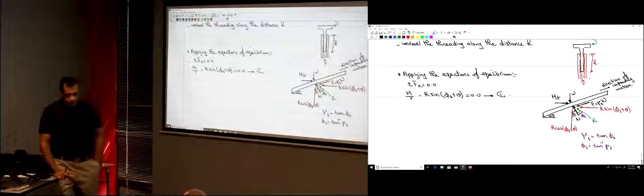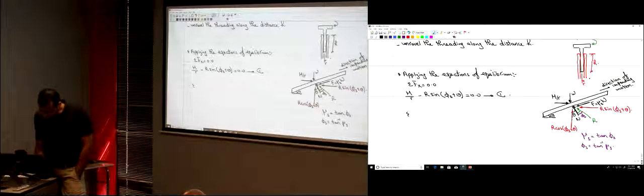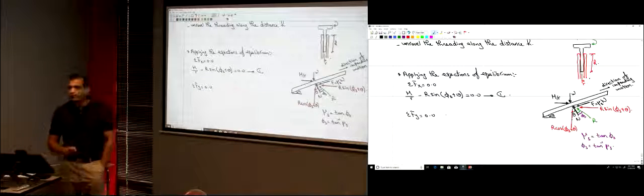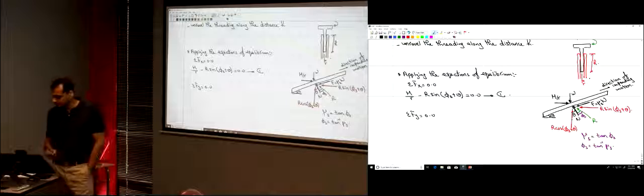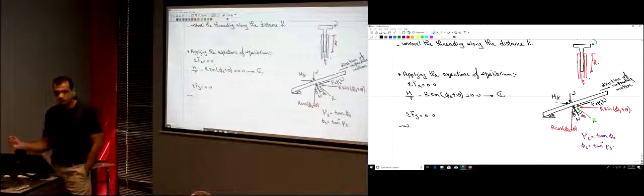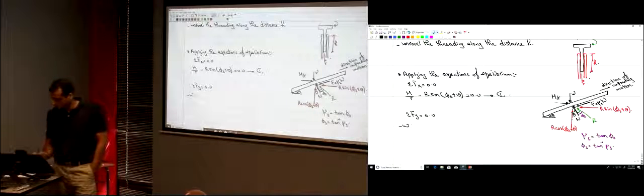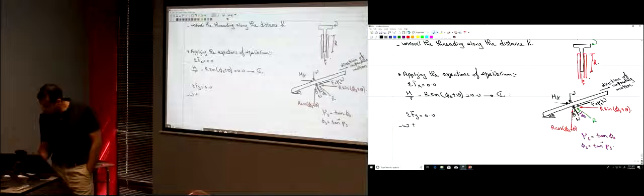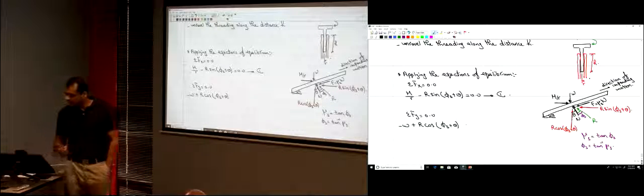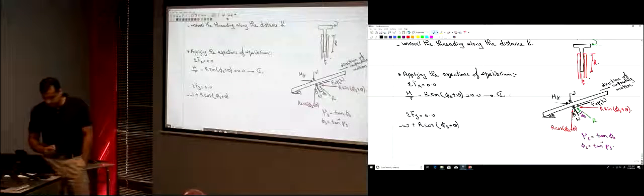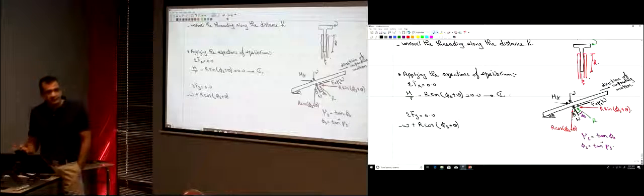So let's use the second equation of equilibrium, the summation of the forces in the y direction. What are the forces in the y direction? Negative W plus R cosine phi s plus theta. Anything else? No. Those are the vertical forces.